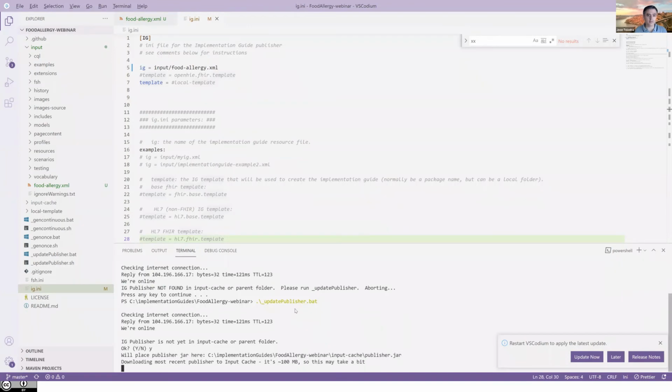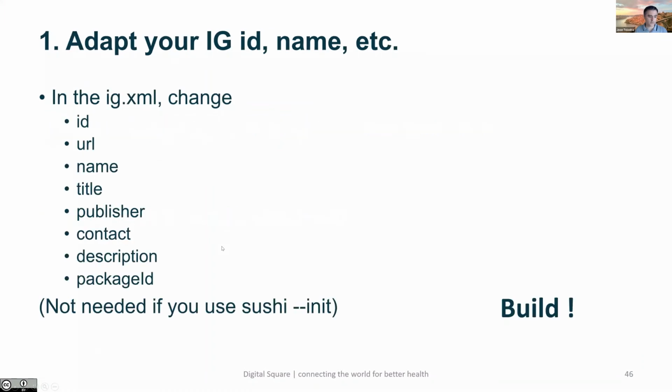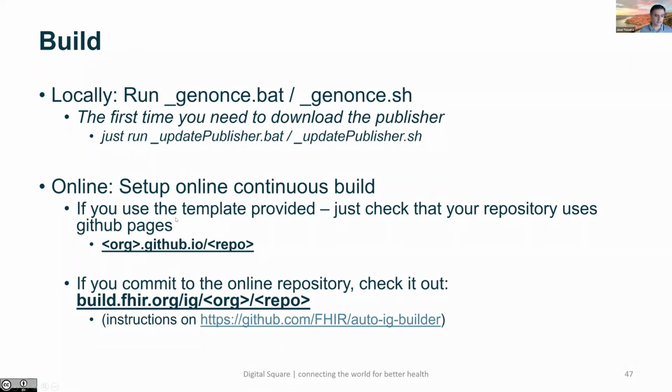It will download it. By the way, I'll just forward in the slides because this is exactly what we are doing. So I just changed those things over there, and as it's explained here, you run the gen1.bat. If you need to, you run the update publisher. If you do it online, you don't have to do anything. Those are the URLs that you saw.